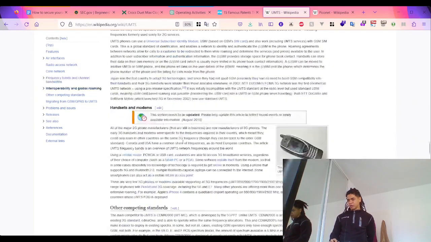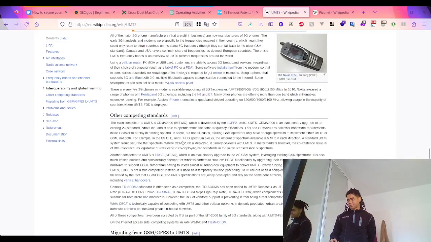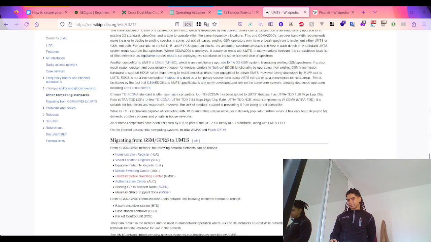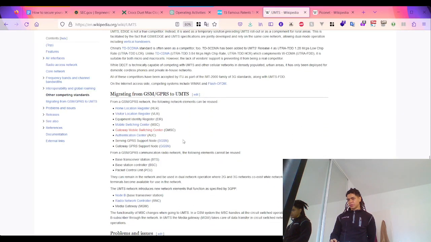Interoperability and global roaming. Migrating from GSM to GPRS to UMTS. From a GSM and GPRS network, the following network: Global System for Mobile Communication.